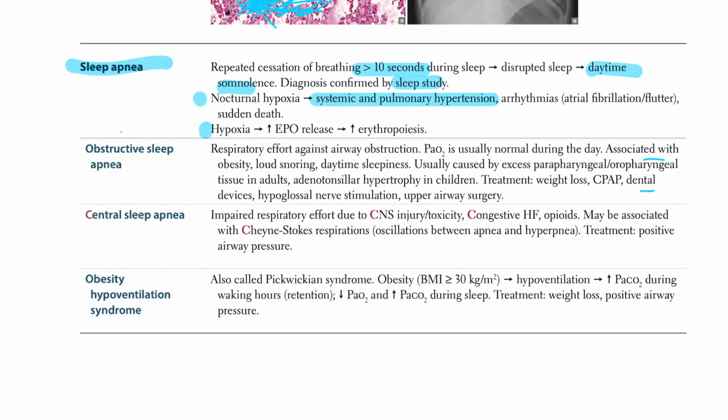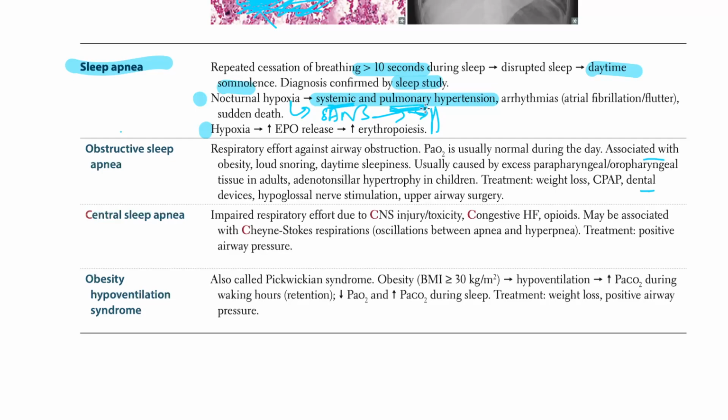How is it going to cause systemic hypertension? Because when you have hypoxia, your SNS, the sympathetic nervous system, gets activated. It's going to release all the hormones and everything to vasoconstrict the vessels, so that everyone can get normal oxygen. And that is why you're going to develop systemic hypertension.